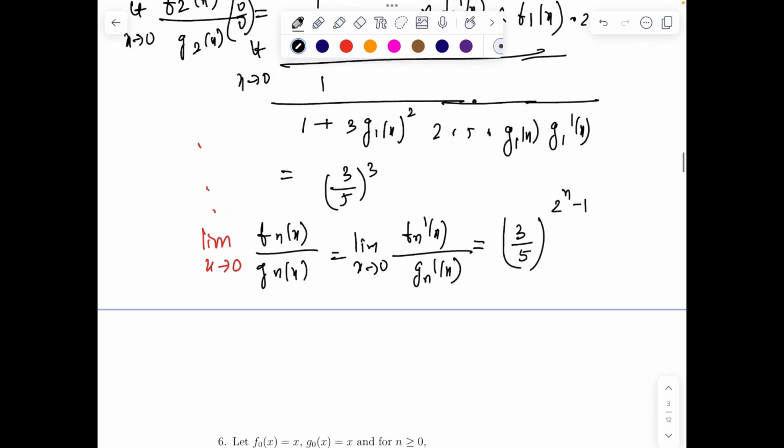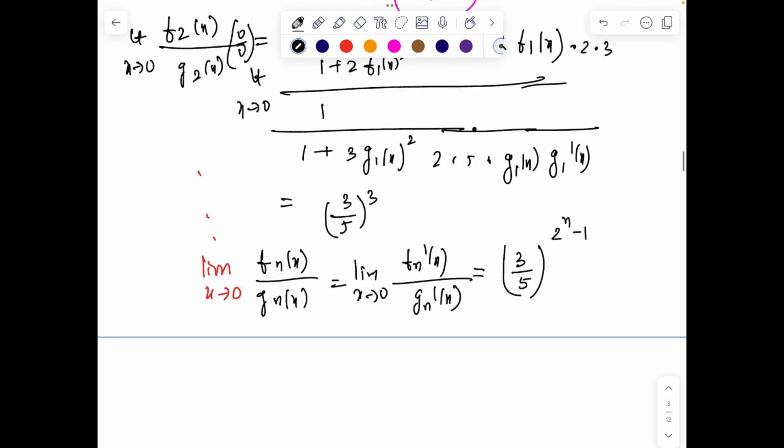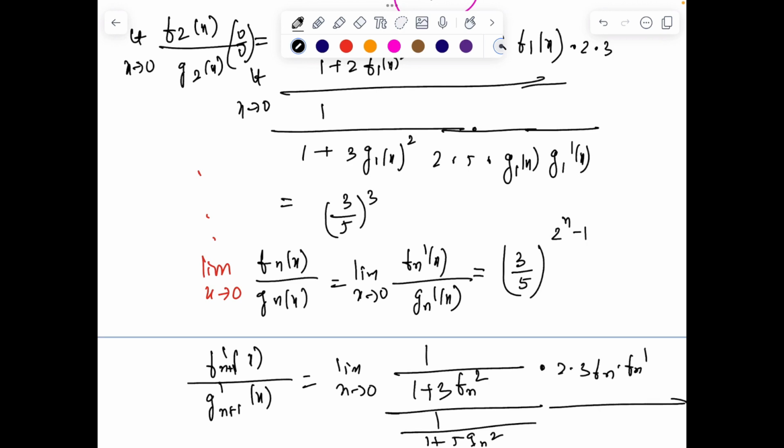Now if you want a recursion step, those who want to directly feel why it's happening, you can see fn dash x will be, and gn plus 1 dash x. So this quantity comes, limit n tends to 0, and differentiate it, 1/3 times, I am writing fn by fn whole square divided by 1 plus 5 times gn whole square. Now from here, into this derivative, 2 into 3 into fn dash divided by 2 into 5 into gn dash.